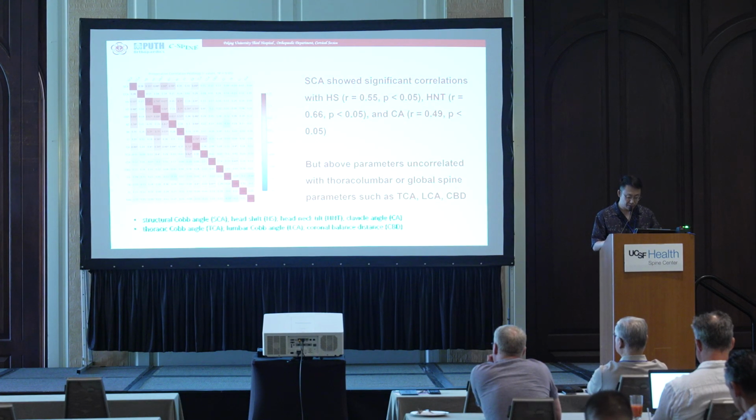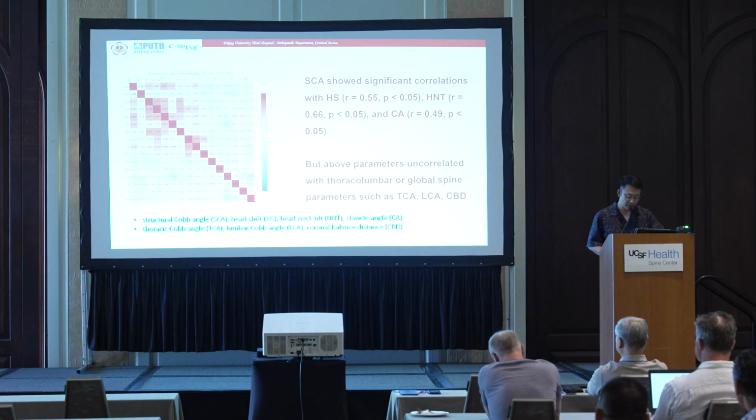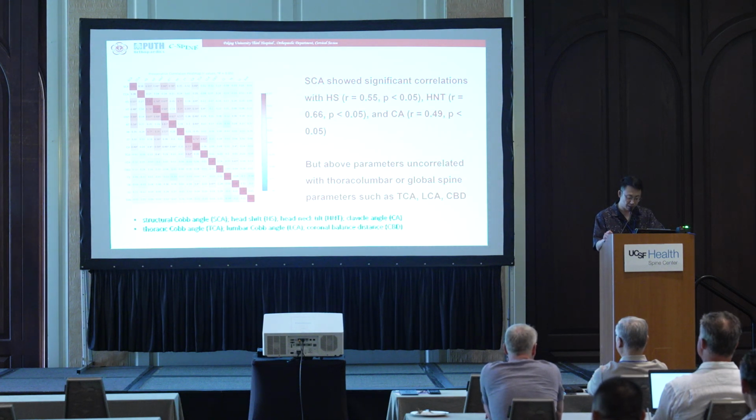The structural curve angle, SCA, showed significant correlation with the head tilt, HT, the neck tilt, NT, and the clavicle angle, CA, indicating a consistent pattern of head and shoulder alignment.